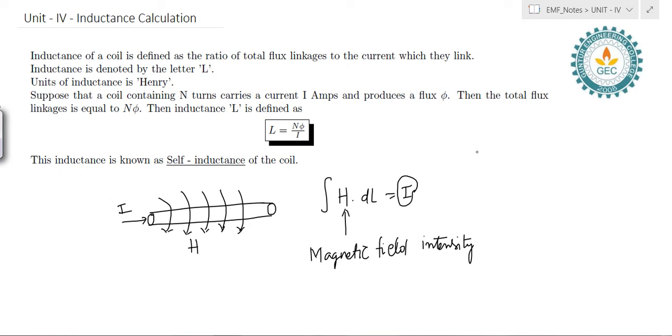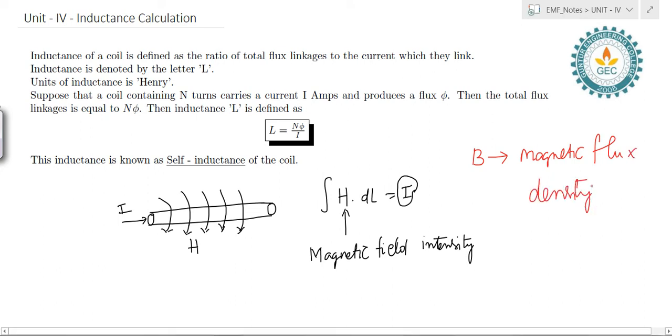Let B be the magnetic flux density. H and B are related to each other as B is equal to mu naught H. Then the amount of magnetic flux that leaves the surface, phi, is equal to integral B dot dS.